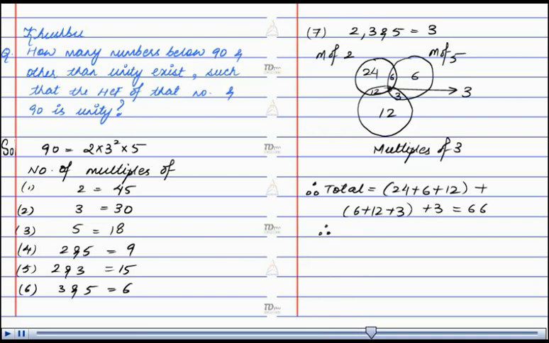Therefore, 90 minus 66, that is equal to 24 numbers, which also includes unity, compared with 90, have only 1 as common factor.